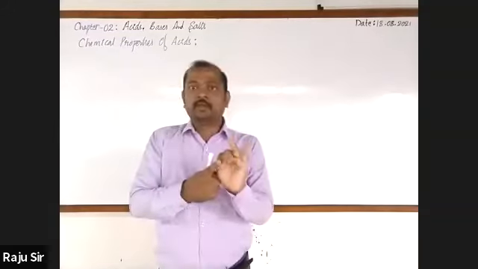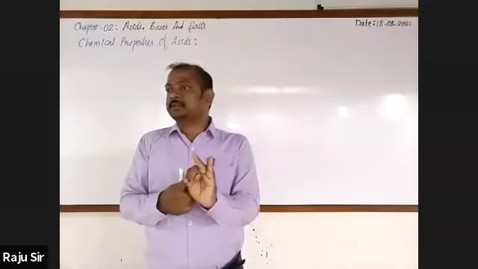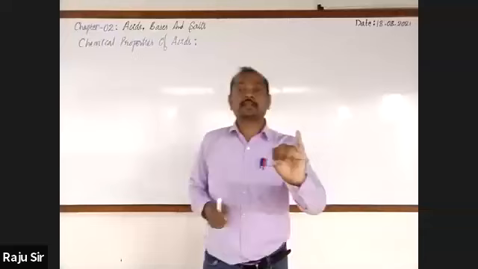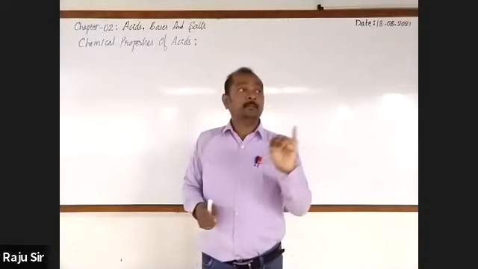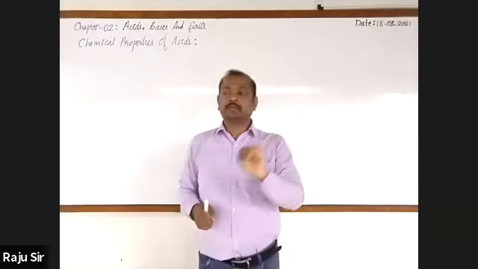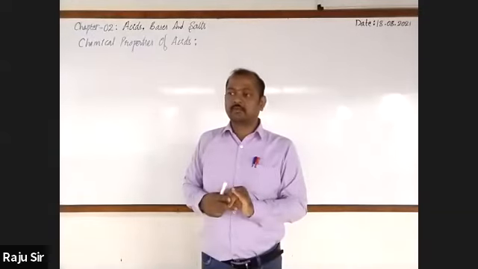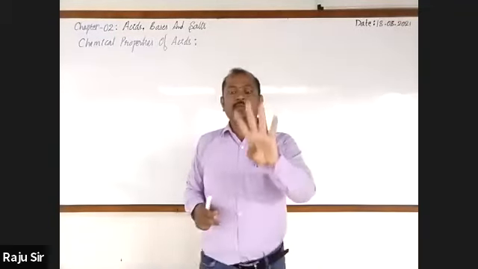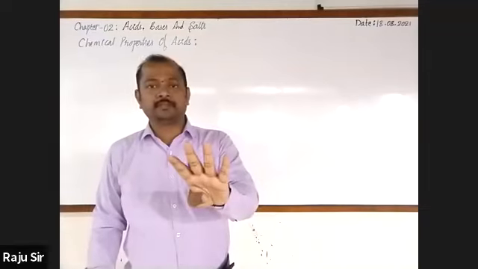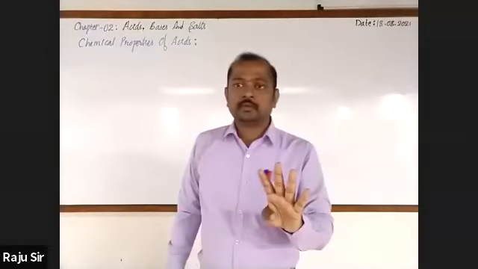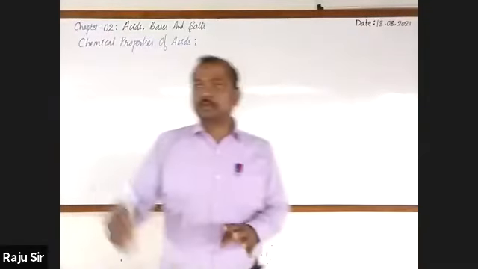Third, reaction of acid with the base. And fourth is reaction of acids with metal oxides. We all know that metal oxides are basic in nature, right? So these are the 4 important chemical properties.